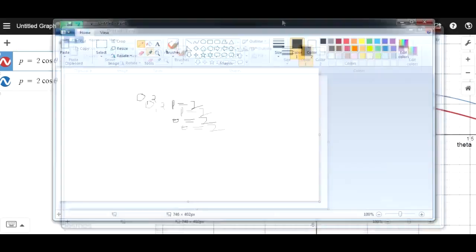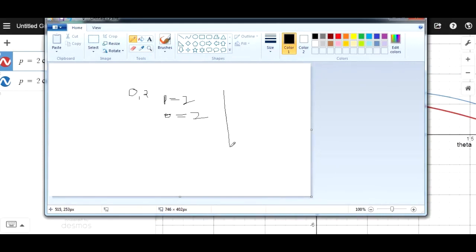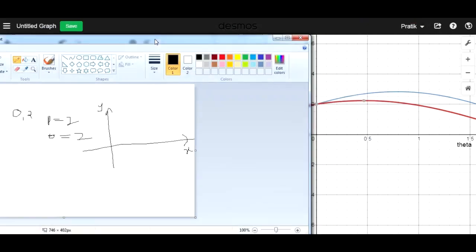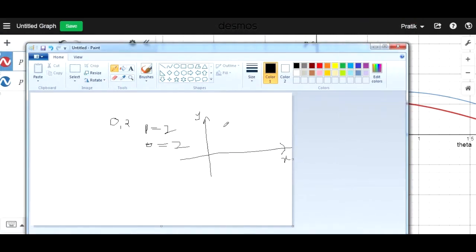So we saw that this was the theta p plane, the parametric plane. If this was the xy plane, the line should have a distance of 2 and, sorry, theta is 0.